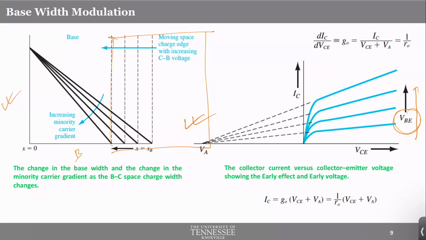So you have emitter, base, and collector. There are two junctions. This is one of the junctions, the base collector junction, and the other one is the base emitter junction.